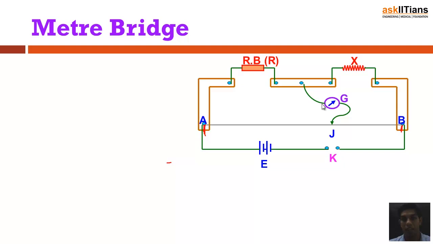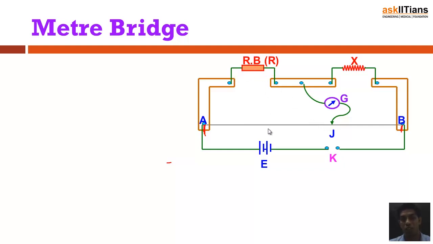If the current inside the galvanometer is zero, so there is no deflection in the galvanometer, we'll get a unique condition, that is P by Q is equal to R by S. The ratio of these two resistors, that is, this metal wire up to this point has a certain resistance, which is a known resistance.